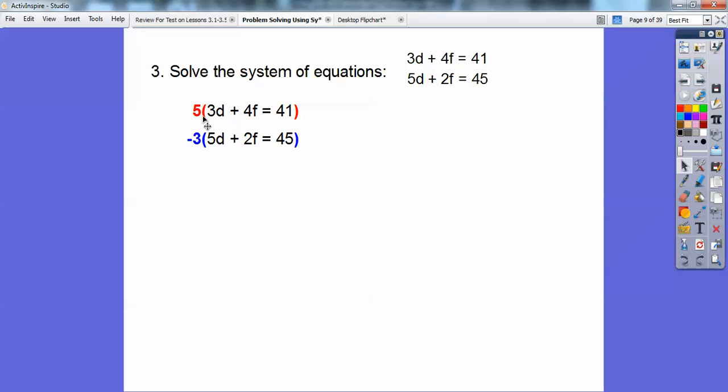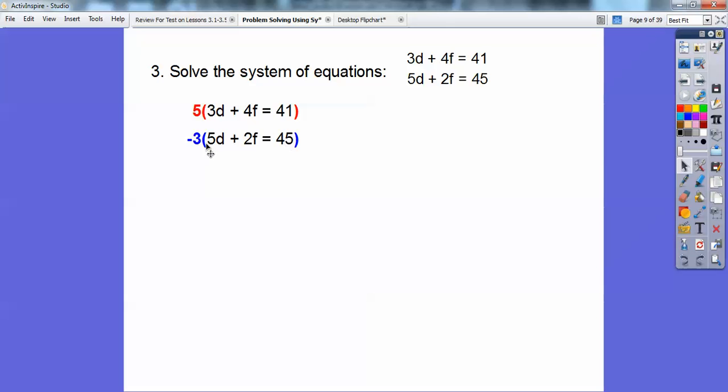I just got to multiply this by 5 and this by 5. And then if I take this equation and multiply it by negative 3, that'll get me a negative 15D. And then this times negative 3 will be a negative 6F. And then this times negative 3, 45 times negative 3 is negative 135.